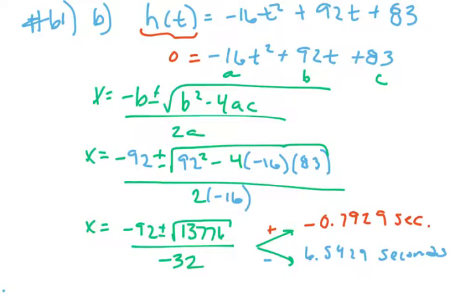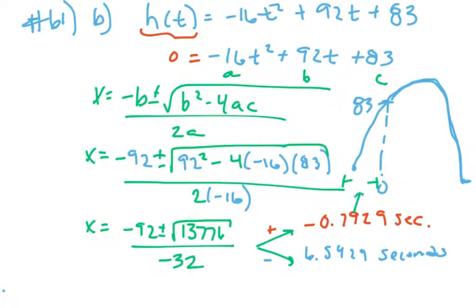And so if we think back to the image, that's saying that if the ball had been thrown from the ground, then reached up to the stands that were 83 feet above, which is technically where it starts, and then continued on, we have 0.729 seconds in this first bit, and 6.5429 in this second bit.